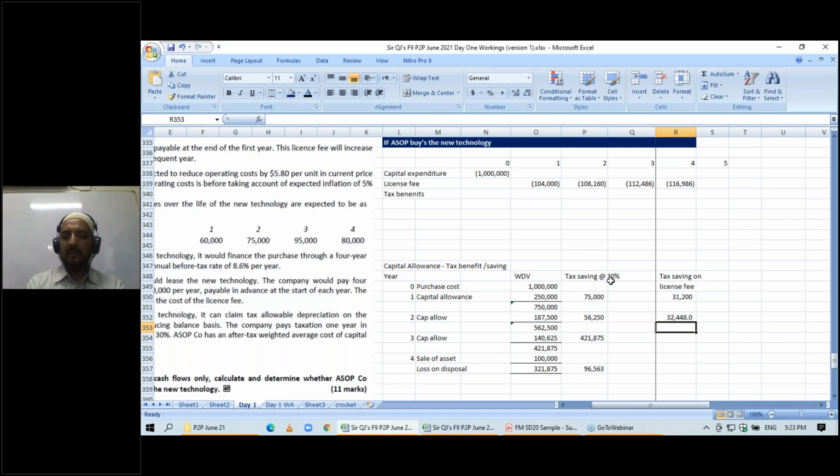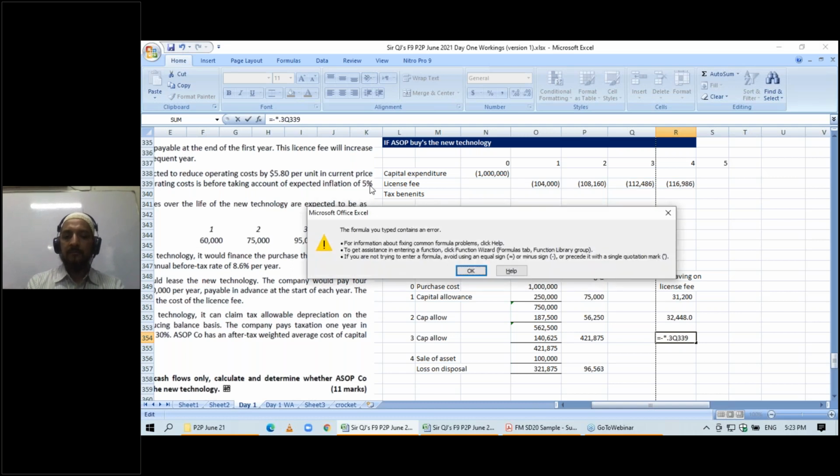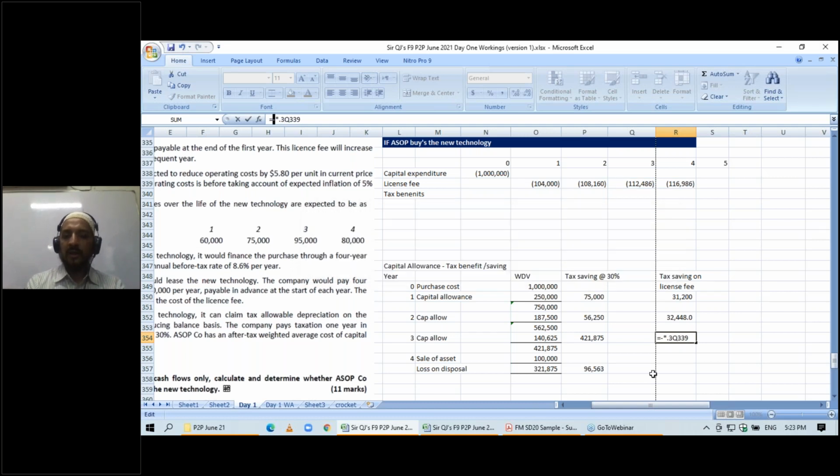Then in the third year, the license fee was 112,486. So multiply that 112,486 by 30% to arrive at the saving.